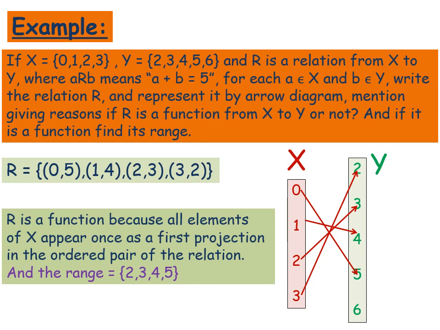So R is a function, because all elements of X appear once as a first projection in the ordered pairs of the relation. And the range is the set of second projections of the ordered pairs, which is {5, 4, 2, 3}. That's what relation means and function means.